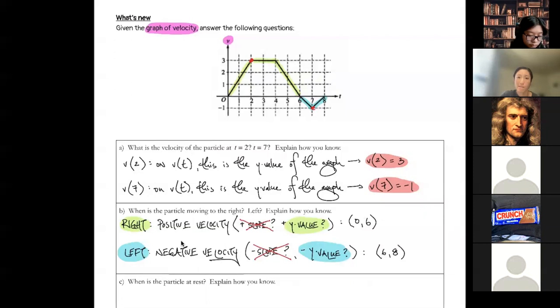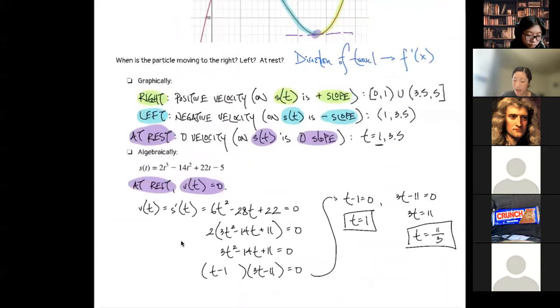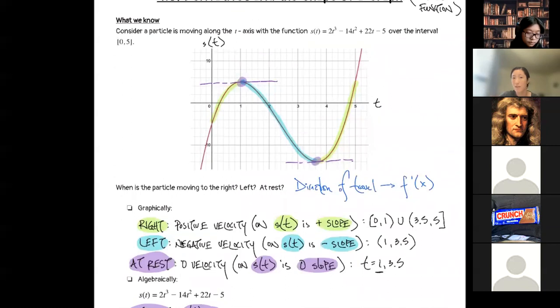Right, but this is a graph of velocity and the other one was a graph of position. Yeah. Okay. So because that was a graph of position, we want to look for slope. But if it's a graph of velocity, we look for the y value. Okay, cool. That was my question. I just want to make sure that I had it down correctly. Thank you.